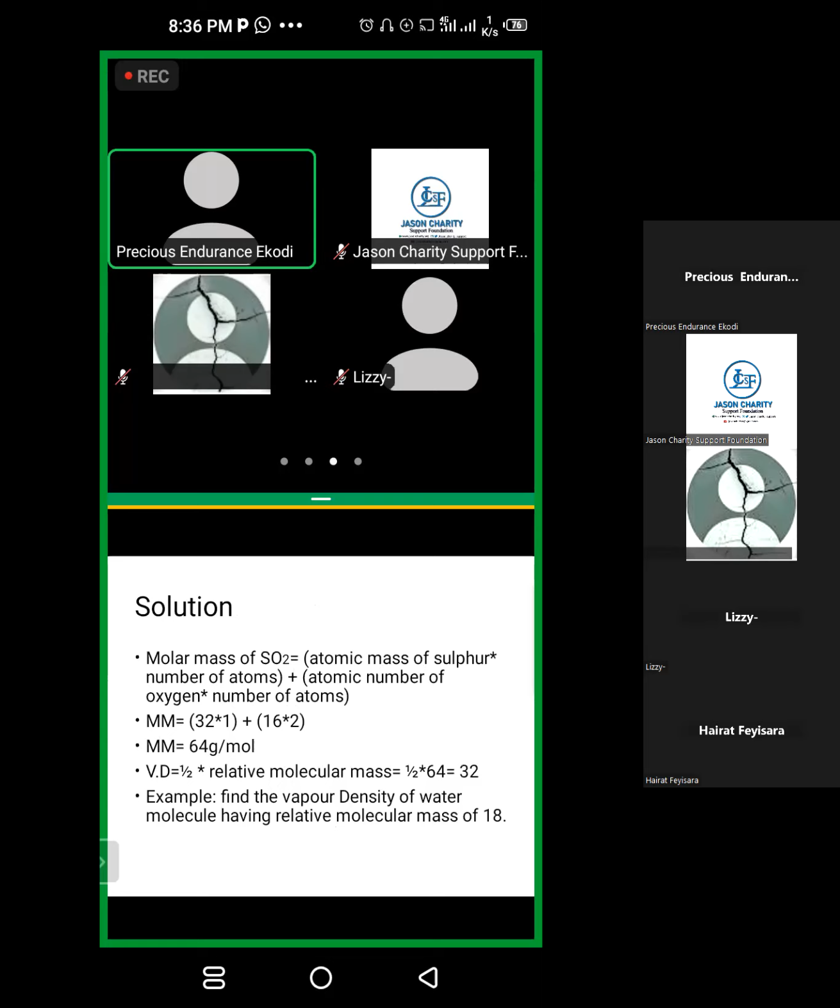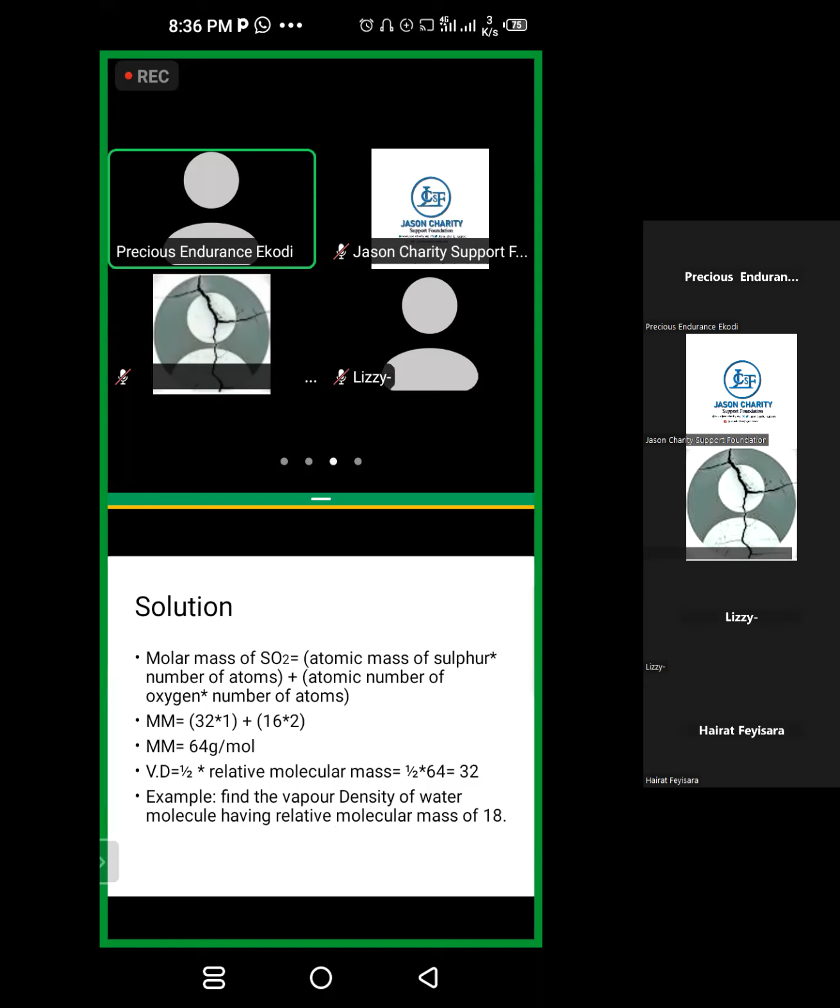We have the molar mass of SO2, which is the atomic mass of sulfur times the number of atoms of sulfur, plus the atomic mass of oxygen times the number of atoms of oxygen. Mathematically, that is 32 times 1. We notice there's no subscript beside S, so we know that is an invisible 1. So that will be 32 times 1.